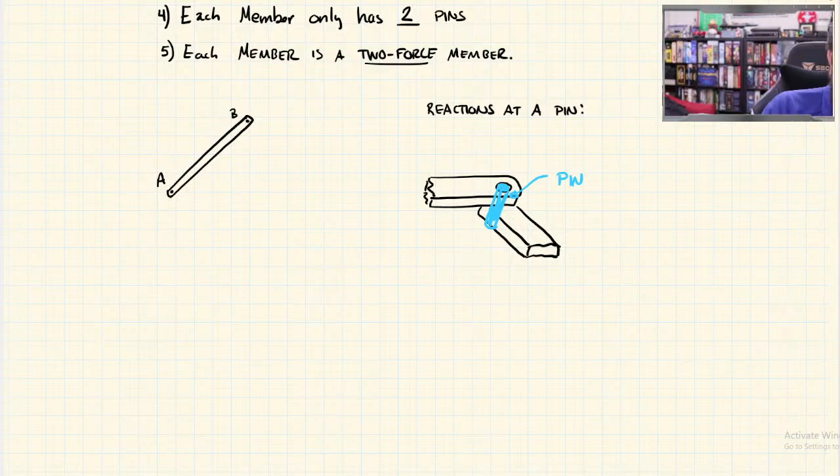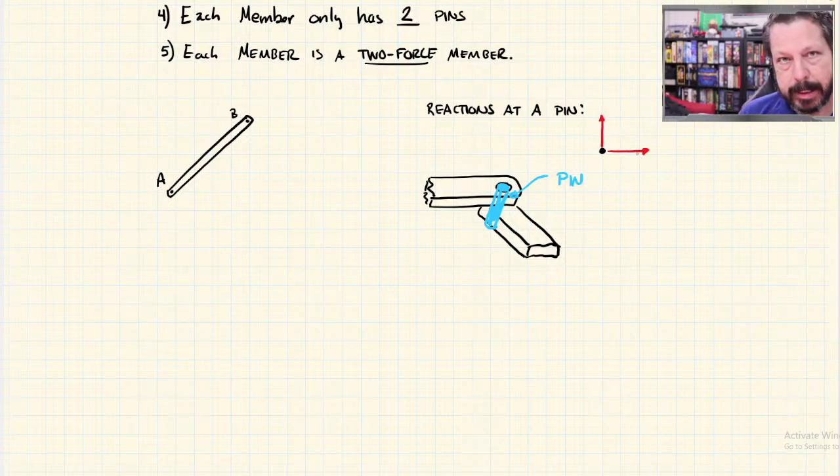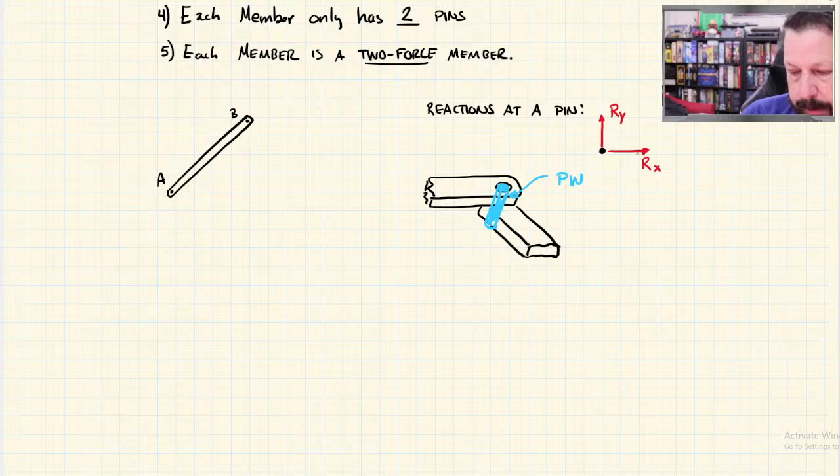So for a reaction at a pin, normally you just draw a circle or a dot. The easiest way that we're going to show pin reactions is some kind of reaction in the X direction and some kind of reaction in the Y direction. You could combine those together into a single reaction at some angle, and that'd be fine.